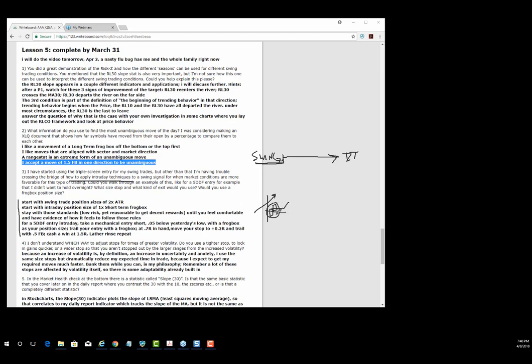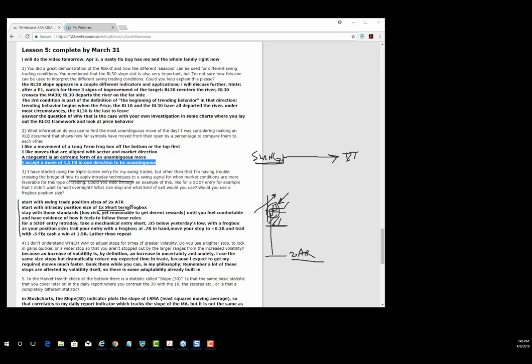You would still use, I recommend, start with a 2 ATR swing stop for position sizing. But you may discover that you can start to turbo this entry with an intraday position that's a little smaller than the full 2 ATR.